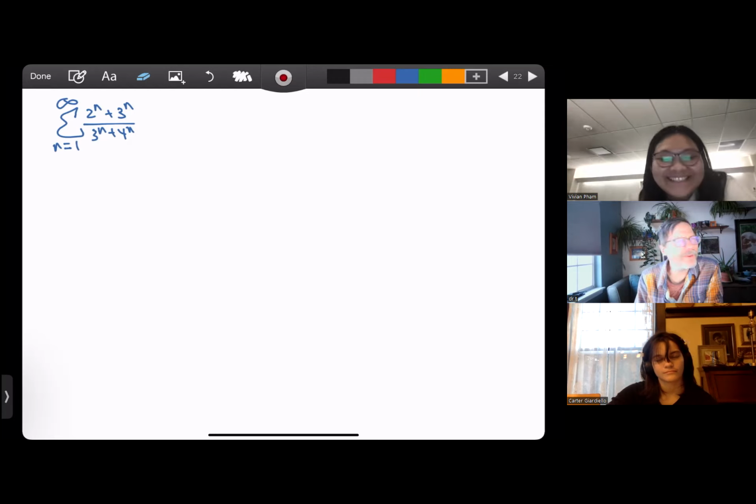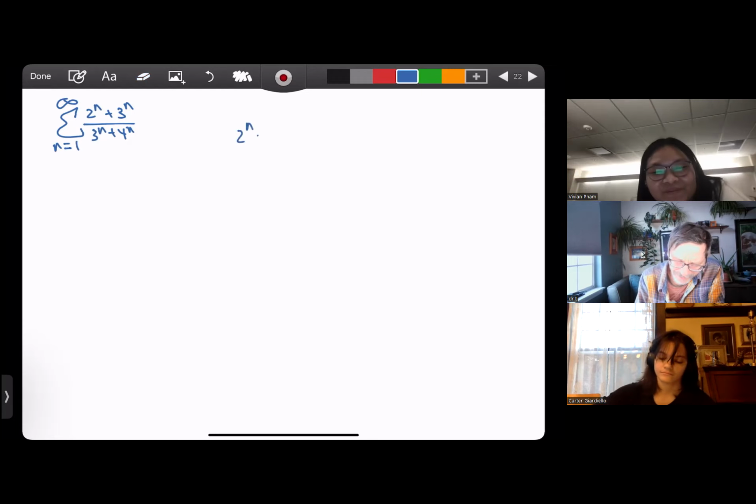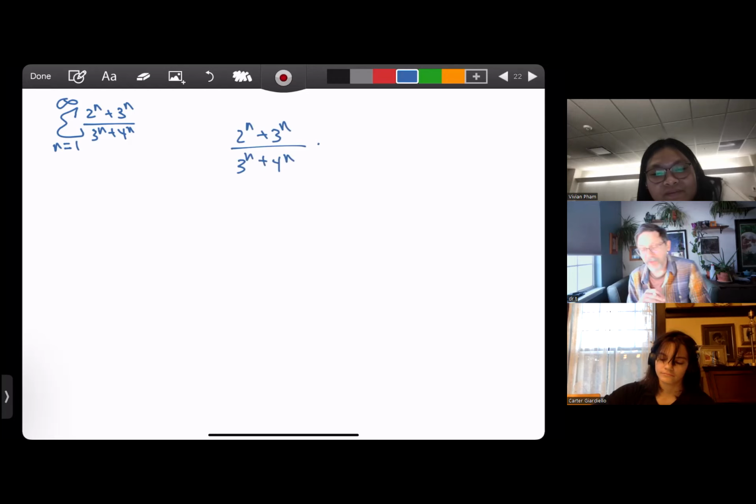Let's try a comparison test. So we've got 2 to the n plus 3 to the n over 3 to the n plus 4 to the n. And it kind of looks more like a geometric series than anything, because the exponent is the moving part. So what if we write out the first term and second term? So here, this is n equals 1.